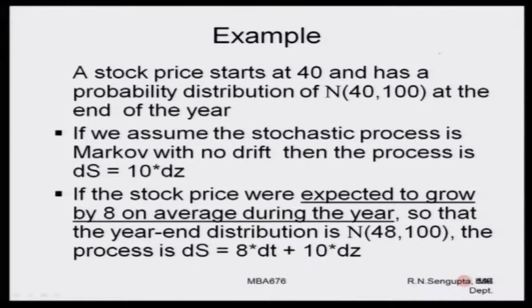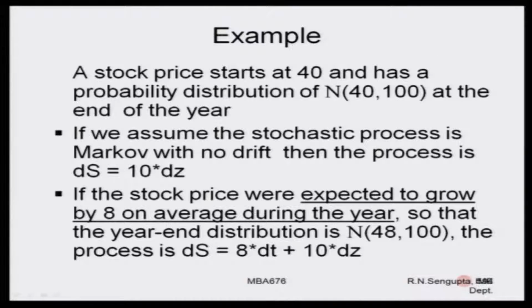A stock price starts at 40 and has a probability distribution given by a normal distribution with 40 as the mean value and 100 as the variance at the end of the year. If you assume the stock process is a Markov process with no drift, that means a is 0, then the process would be given by S, which is the spot price or the stock price, basically the x we are discussing.